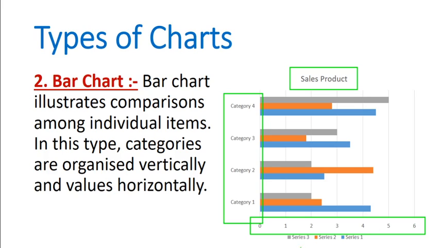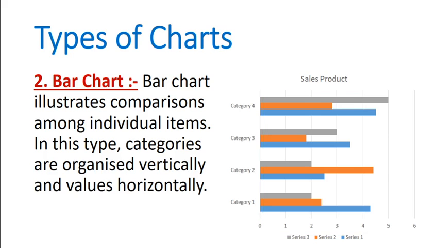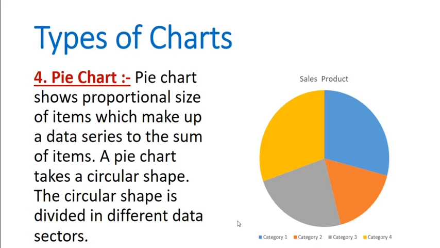And then the bottom one, we can see series 3, series 2, series 1. This is the legend and the bar chart. Okay, so this is done.